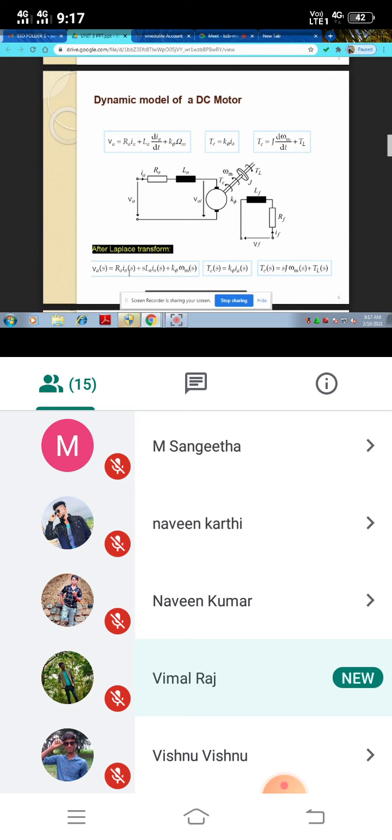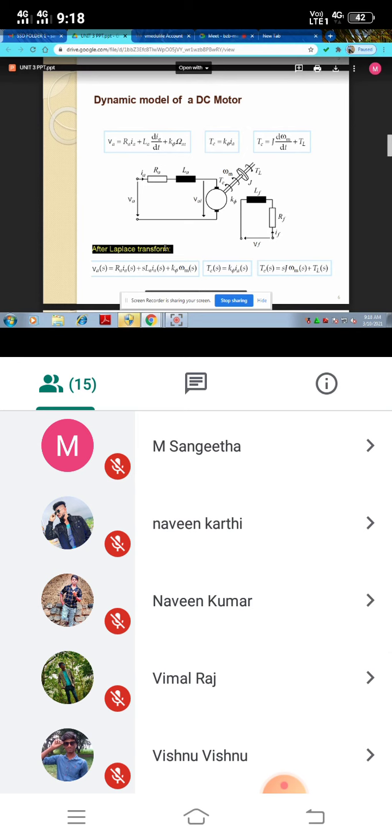So RA into I of s plus s LA I of s, because instead of d by dt you put s. LA is constant, so LA into s into I of s plus K phi is constant.